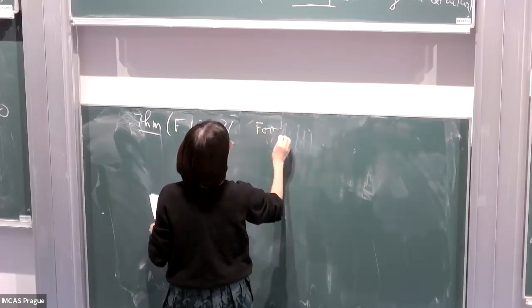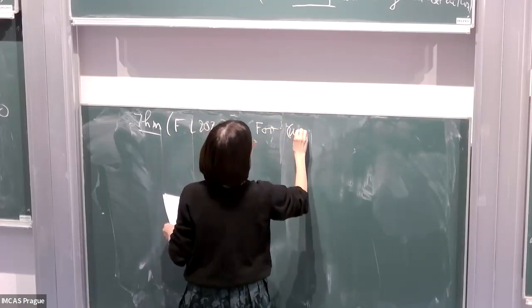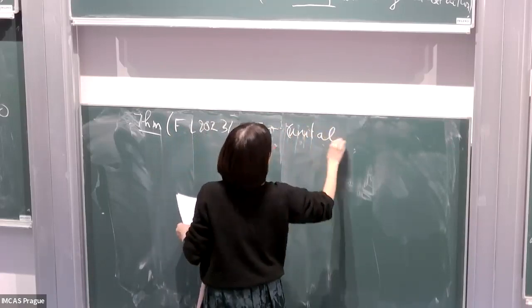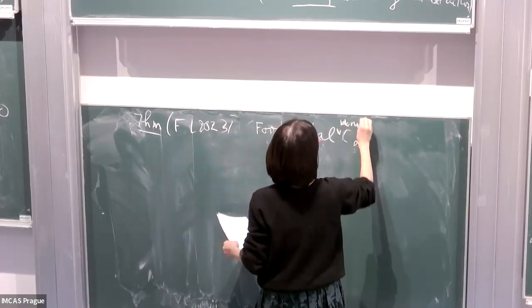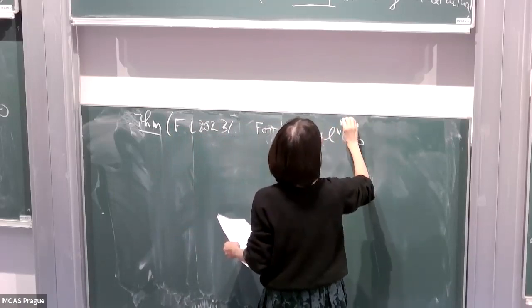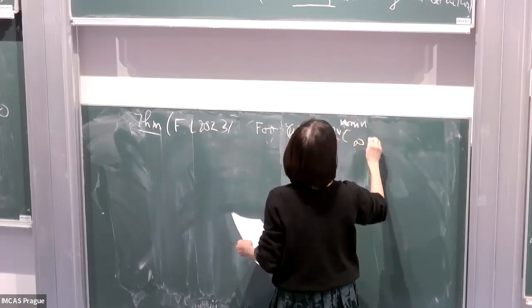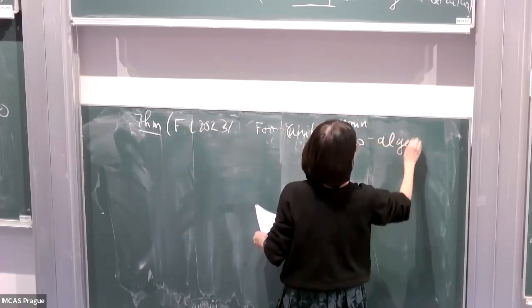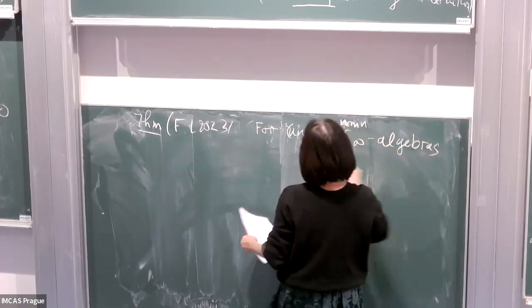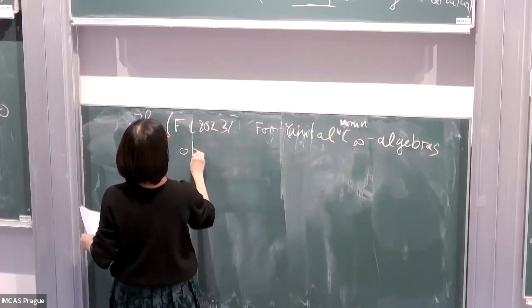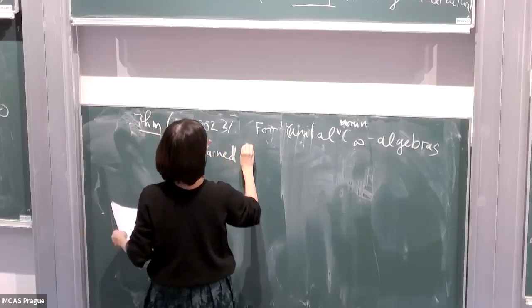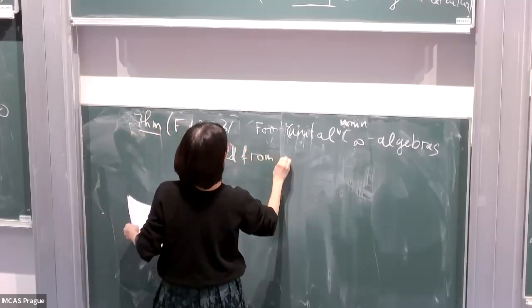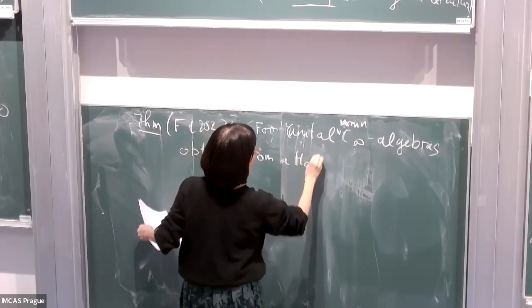Take the unital minimal C infinity algebra, obtained from a Hodge homotopy.